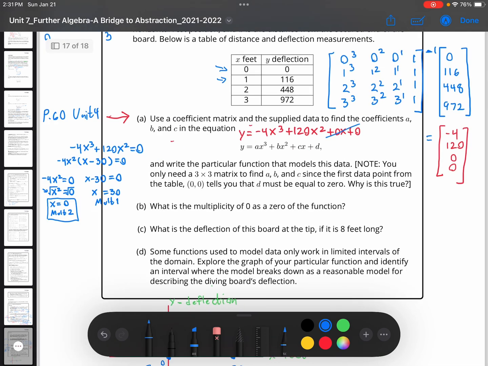All right, now the next part is relatively straightforward. It's asking what is the deflection of this board at the tip if it is 8 foot long. Notice that feet, the horizontal distance, is x.